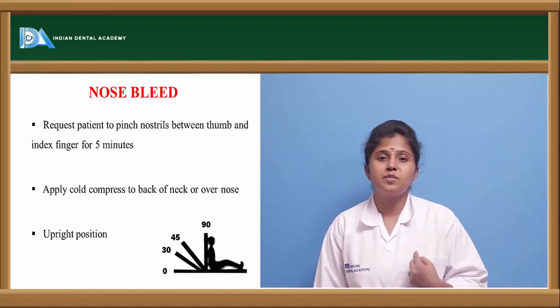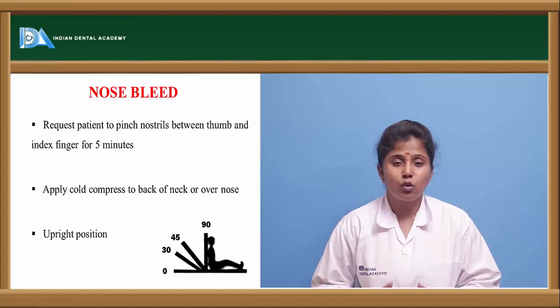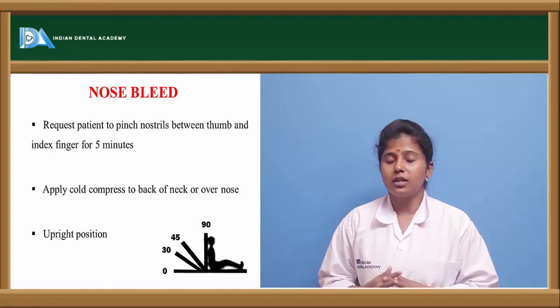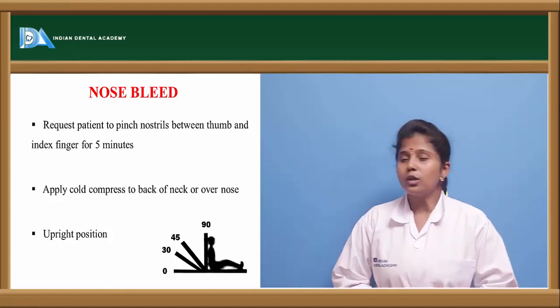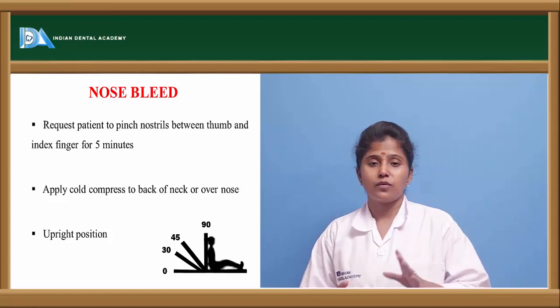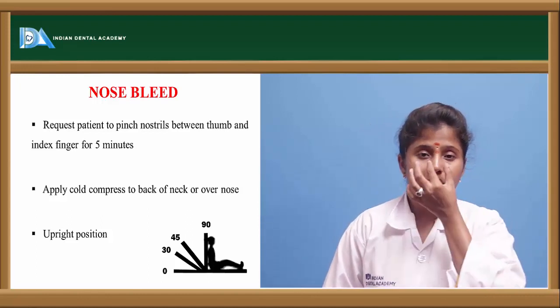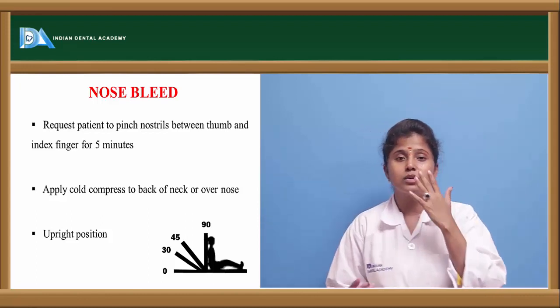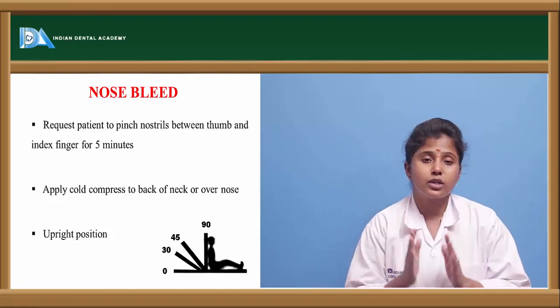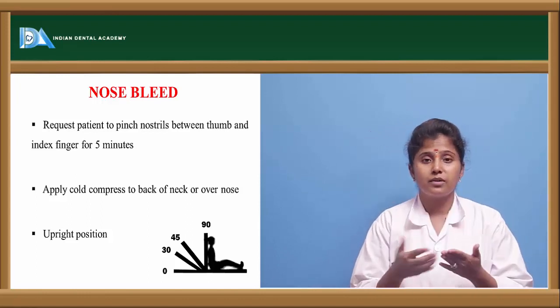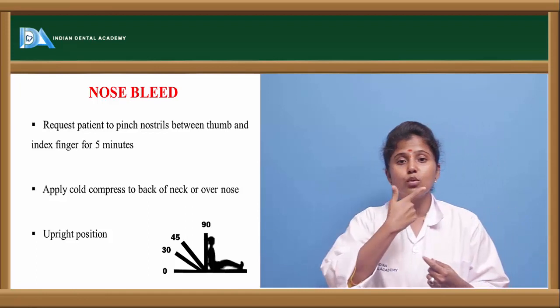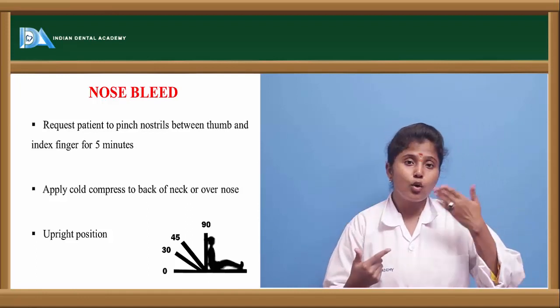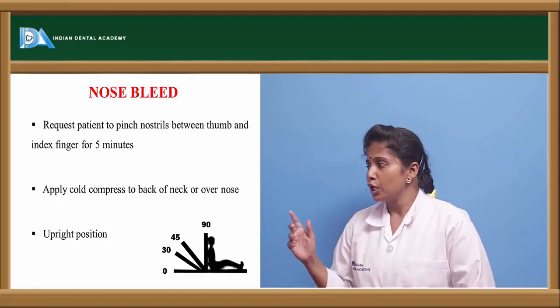And the other one is nose bleeding. If there is any nose bleeding in the patient, what treatment do we have to give? We need to tell the patient to close or pinch his nostrils for some period in order to stop the bleeding from the blood vessels. We need to block the nose against the flow of blood, and thereby the blood is stopped.